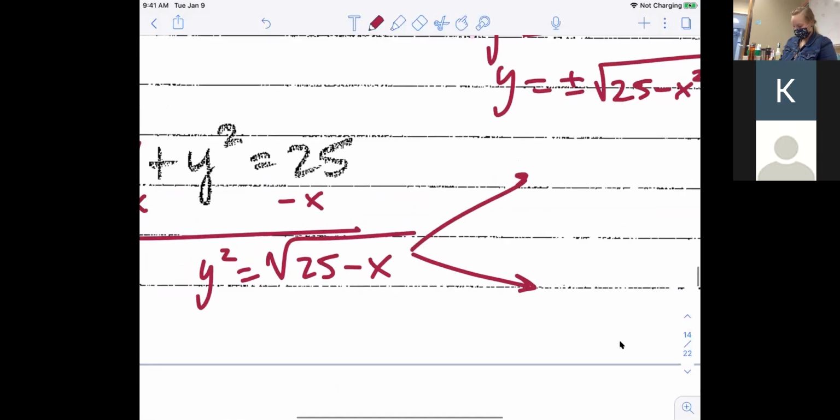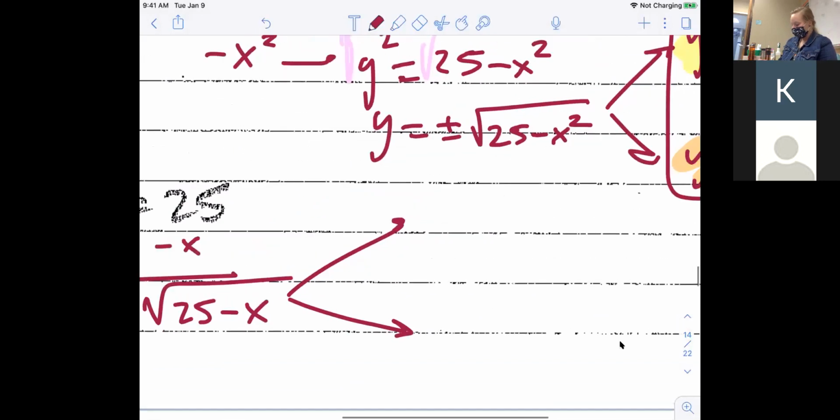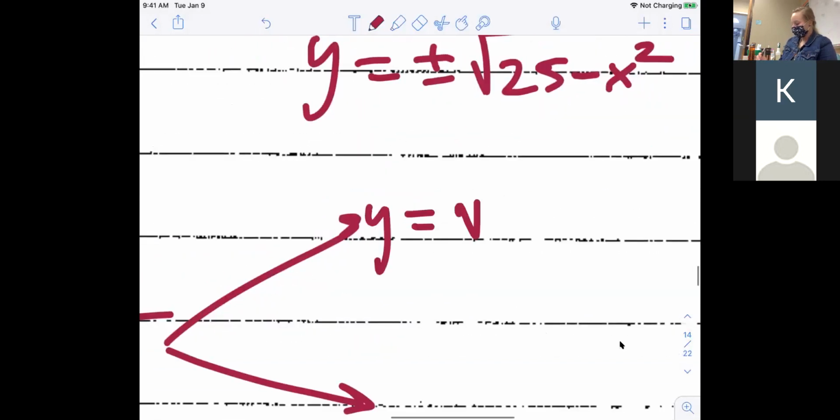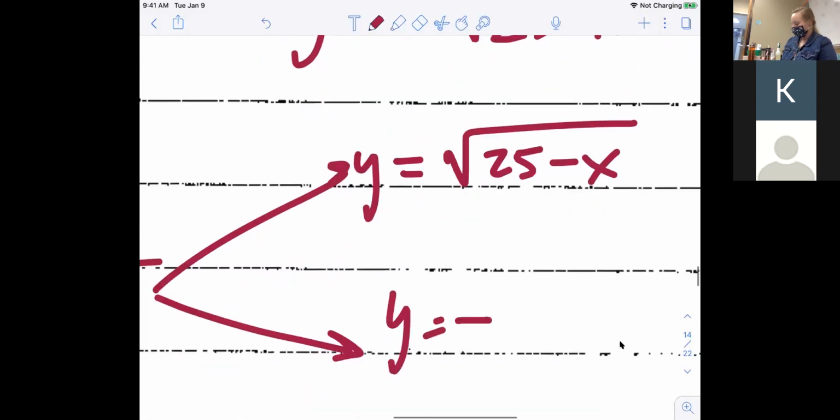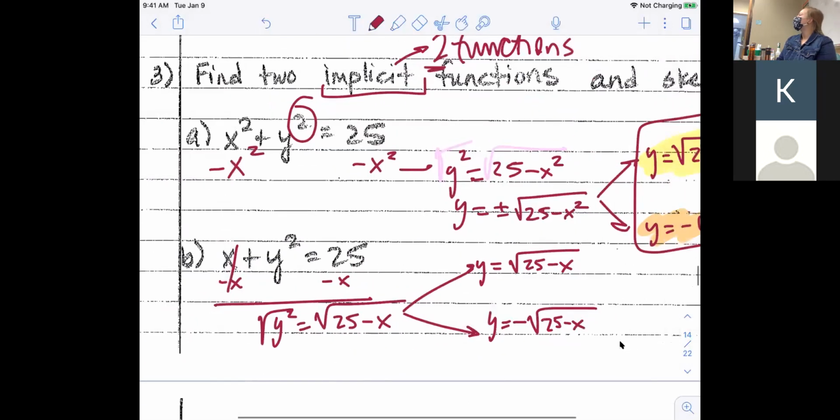Oh, I guess I already did the square root. I'm going to have y equals positive root 25 minus x, and I'm going to have y equals negative root 25 minus x. That wasn't too bad, was it?